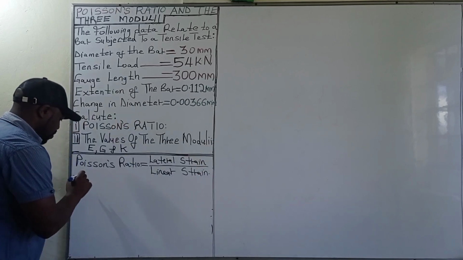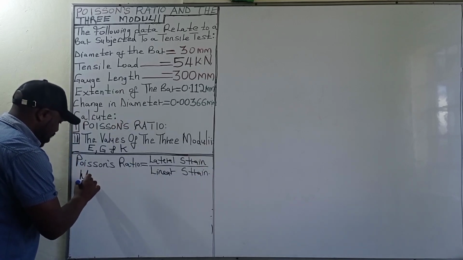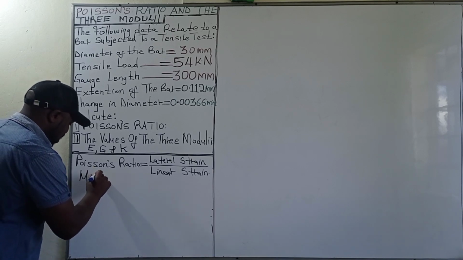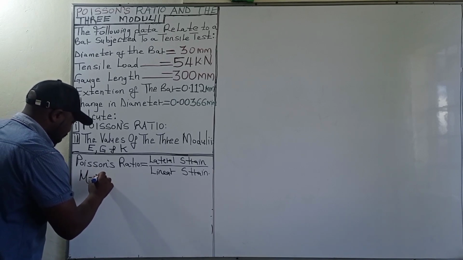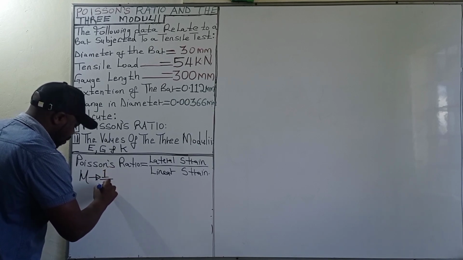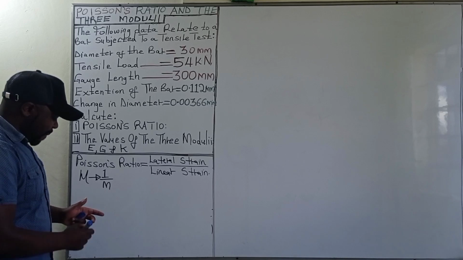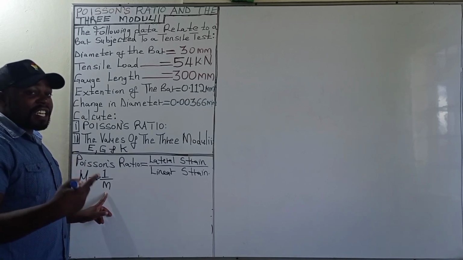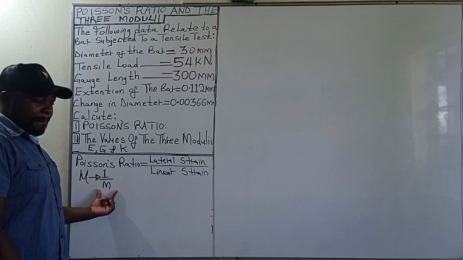The Poisson's ratio is usually denoted by this symbol mu, and it is also denoted by 1 over m, where m is a constant that is different for different given materials.